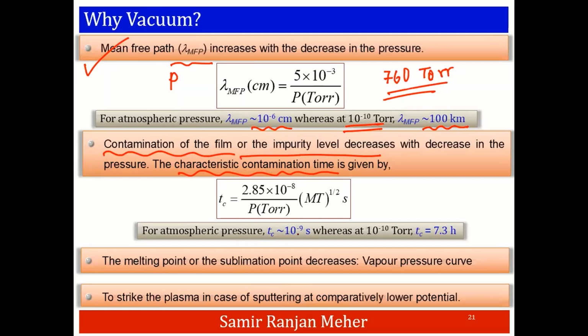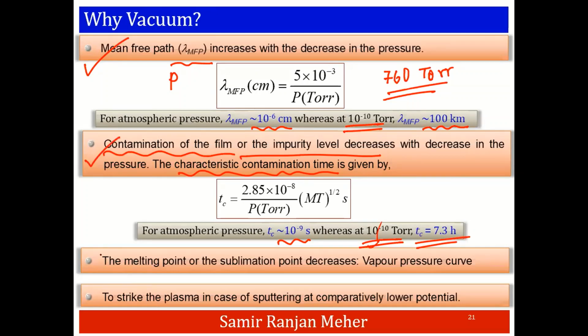At atmospheric pressure, within a few nanoseconds, it will generate one monolayer of impurity. Whereas if you go for ultra high vacuum, 10 to the power minus 10 torr, it will take a few hours to generate one monolayer of contamination. So this is the power of vacuum to avoid any kind of contamination on the substrate surface.